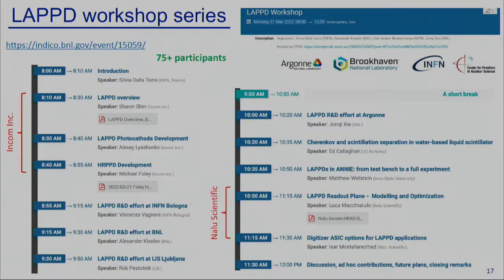We plan that these workshops will be regular, three to four per year. And if people think there are topics which can be incorporated in the agenda of the next one, you are more than welcome.